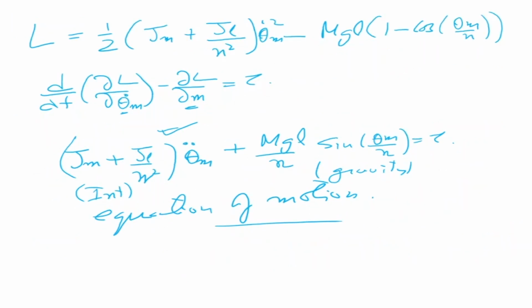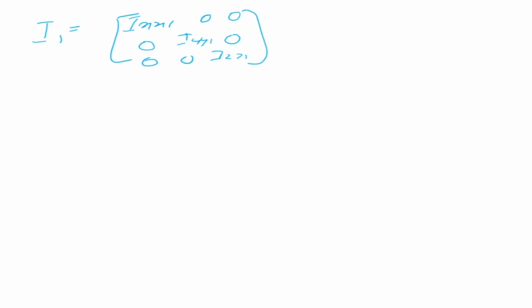Now links 1 and 2 have inertia tensors. This is what we were talking about some time back. So it has inertia tensor I1, which is given as Ixx1 0 0, 0 Iyy1 0, 0 0 Izz1. So this is my inertia tensor for the first link.